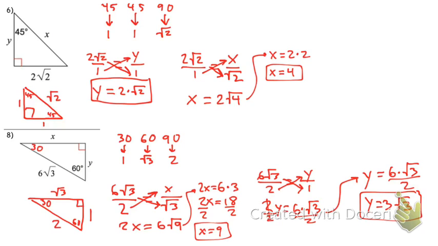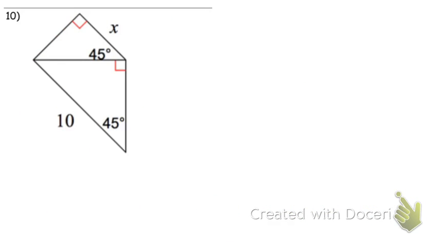All right. Okay, guys, number 10 is a little more complex. Our ultimate goal is to solve for x here. If you look, to solve for x, we are simply going to use this 45, 45, 90.